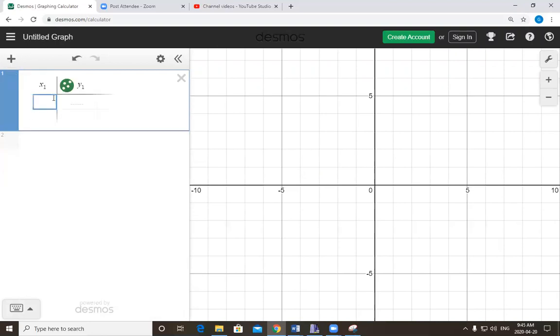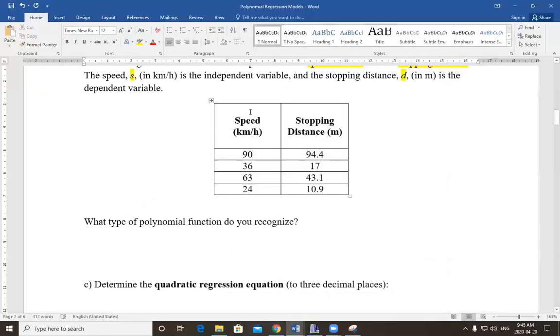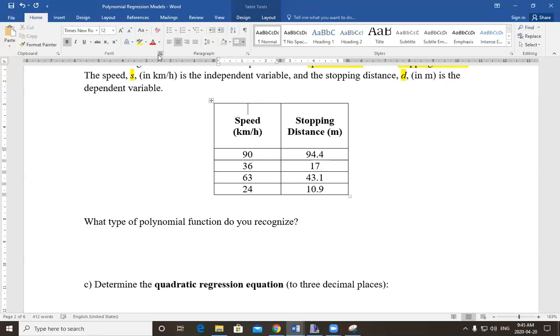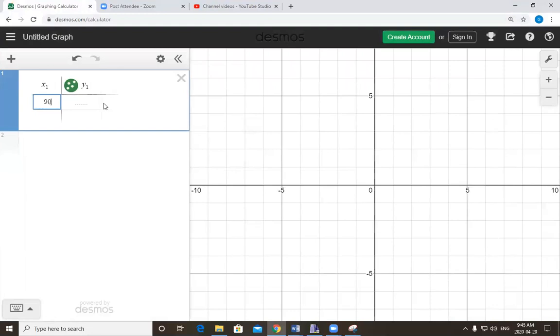So we insert a table. So we have x1 and y1. Again, the speed is like our x and the stopping distance is like our y. So we'll add in our x's first: 90, 36, 63, 24.